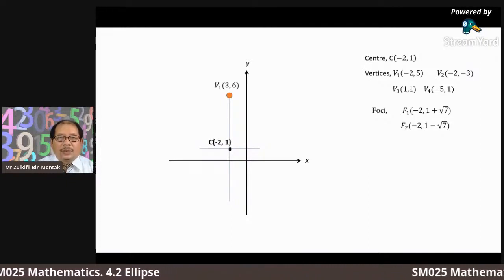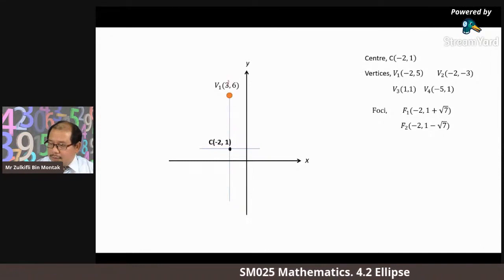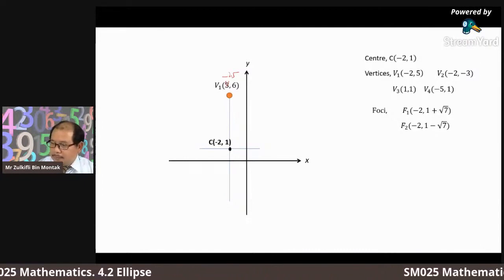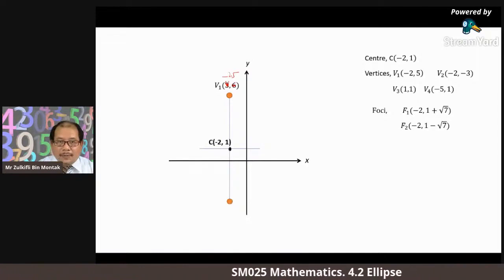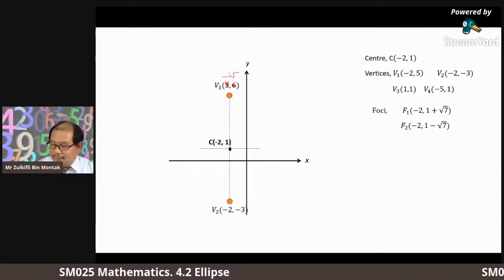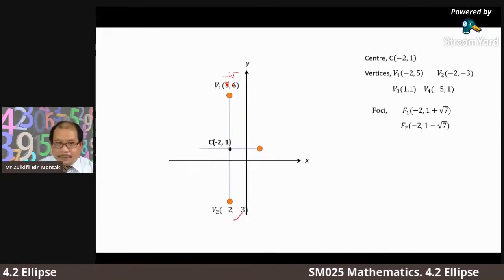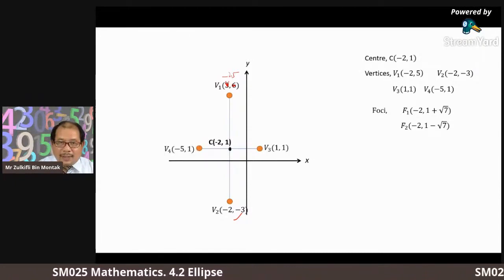Second vertex (negative 2, negative 3). The minor axis vertices are (1, 1) and (negative 5, 1).